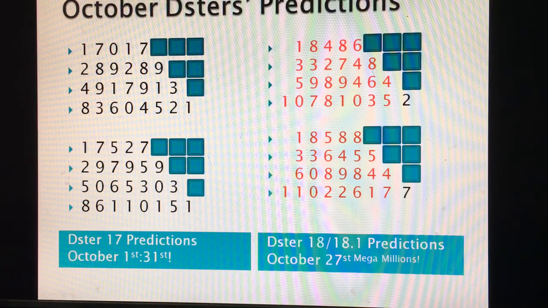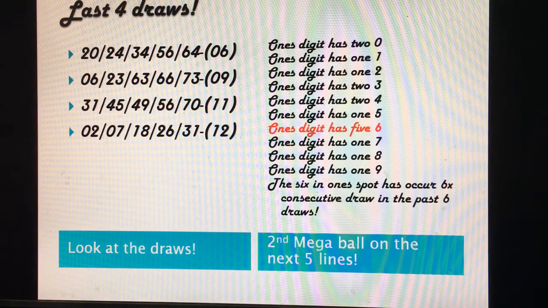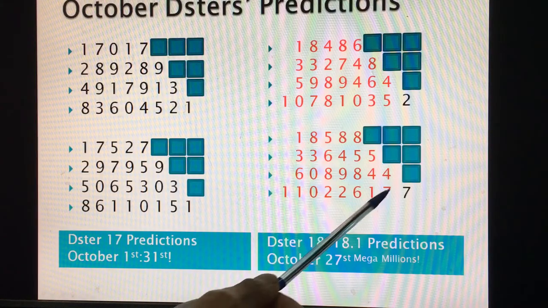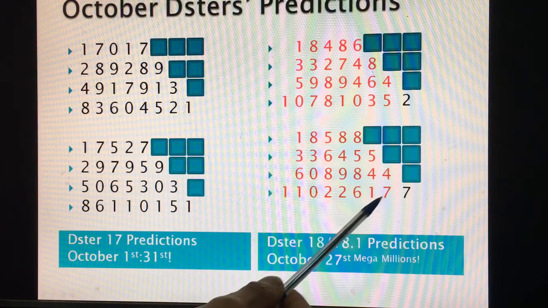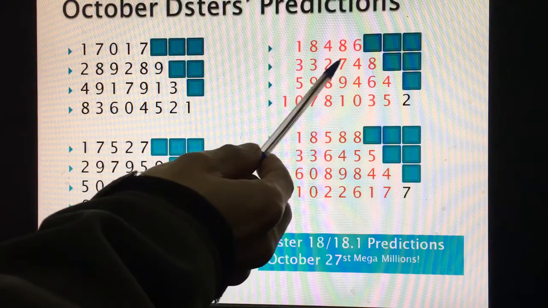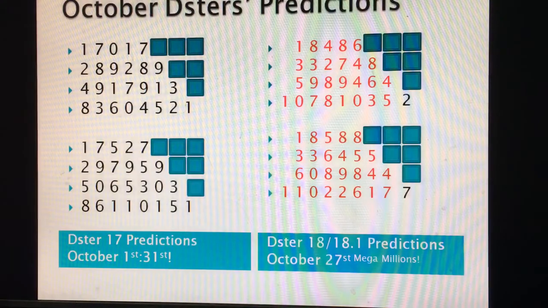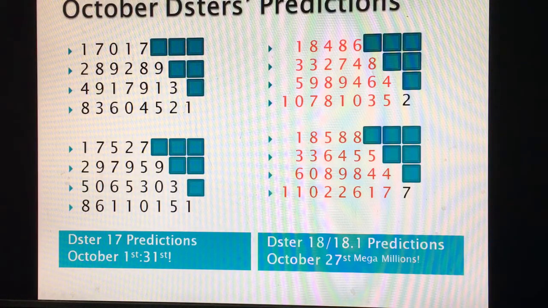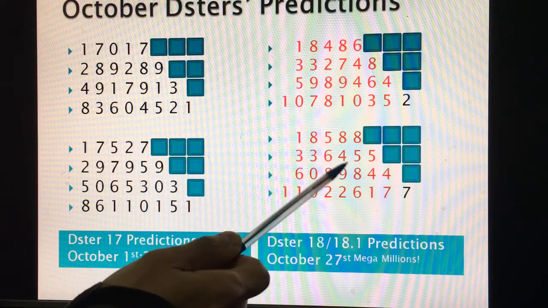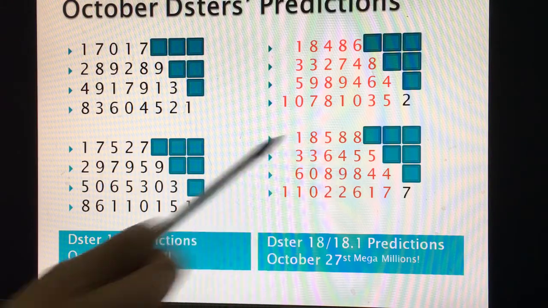Look at the digits, for example, the 7 and the 8. For the 7: 17, 70, 47, 27, 67. And for the 8: 48, 58, 18, 28, 68.